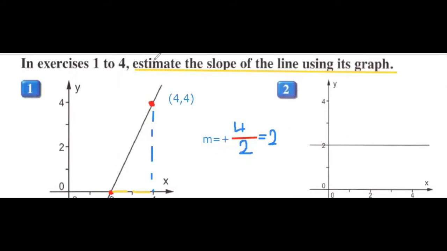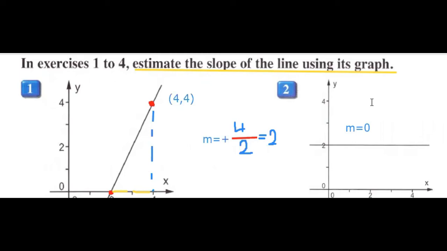Now, guys, let's go to the second one. The slope of the second one is equal to what? Because this is horizontal, the slope of a horizontal line is equal to 0. Like the table you have. When you drop water on the table, the water will stay on the table.